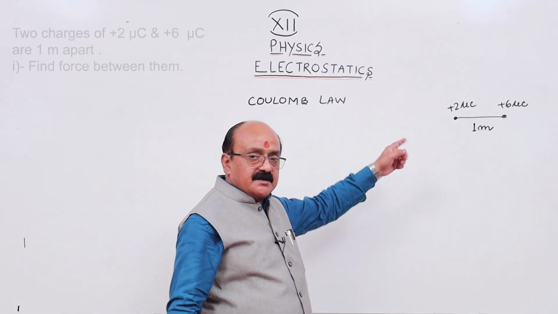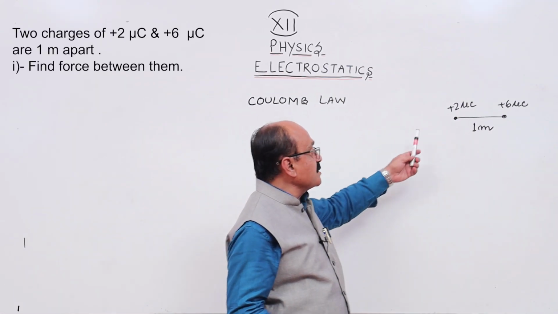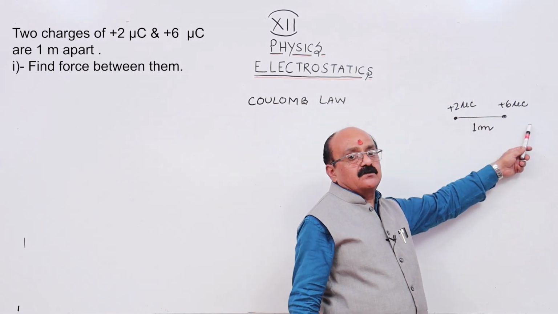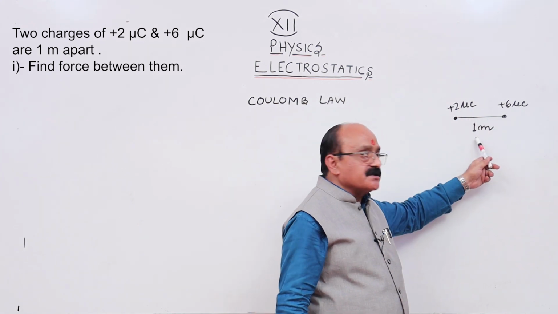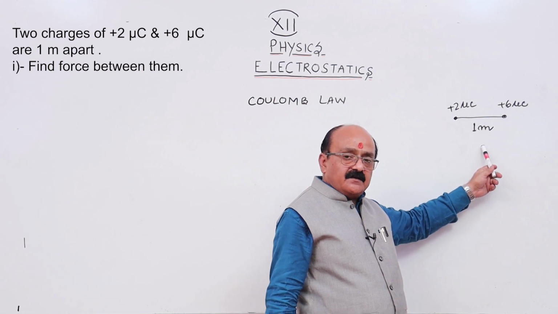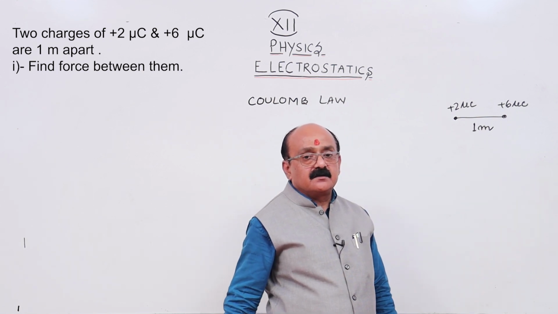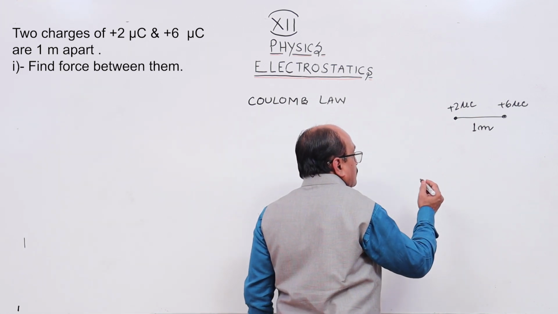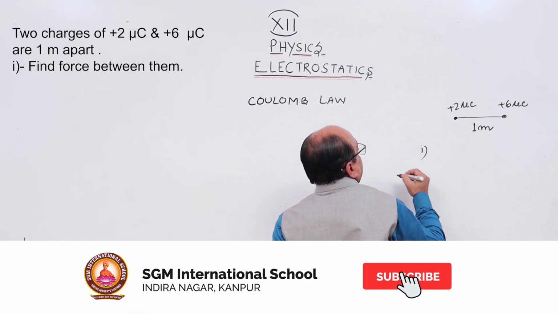The next question is, there are two charges, plus 2 microcoulomb and plus 6 microcoulomb, and they are placed at a distance of 1 meter apart. The first part is, we have to find out the force between them.